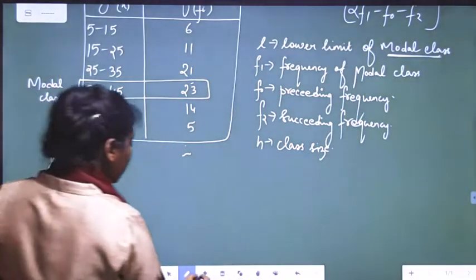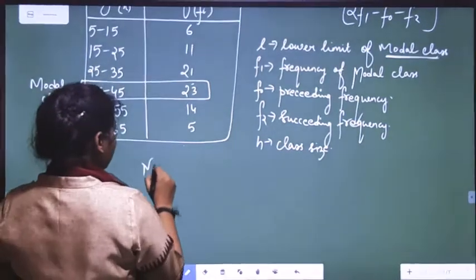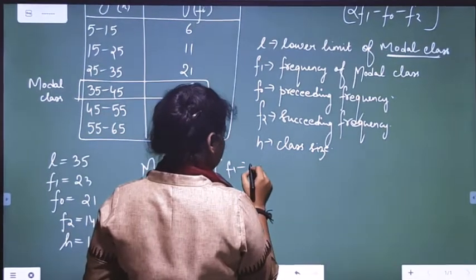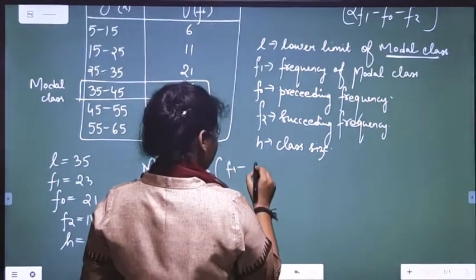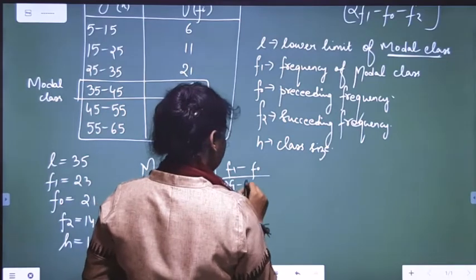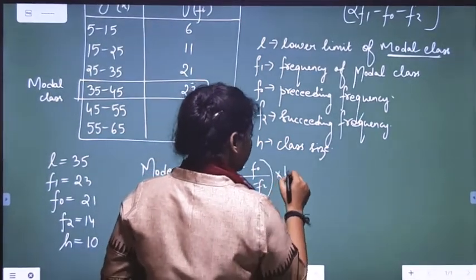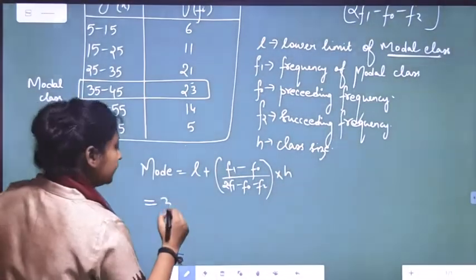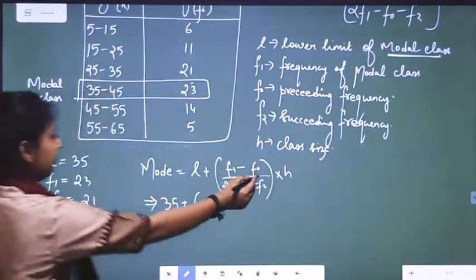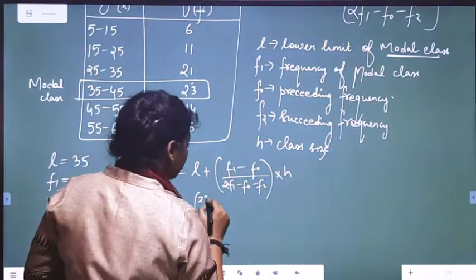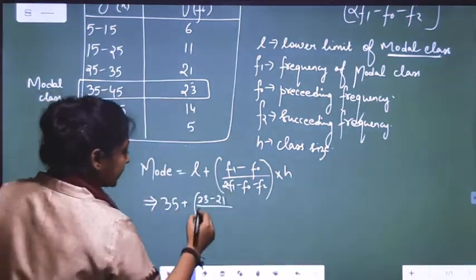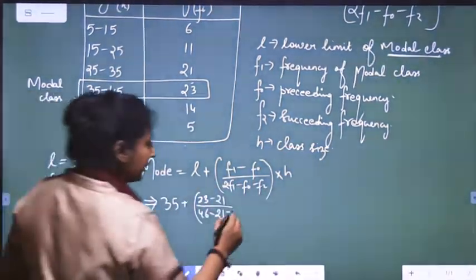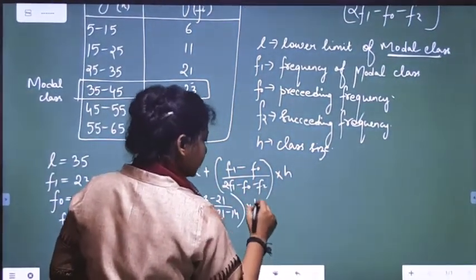Alright, now applying this formula, mode equals L plus (F1 minus F0) upon (2F1 minus F0 minus F2) into H. Keeping all of these values here, L equals 35 plus F1 minus F0, that is 23 minus 21, upon 2F1, which means 46, minus F0 which is 21, minus F2 which is 14, into class size of 10.